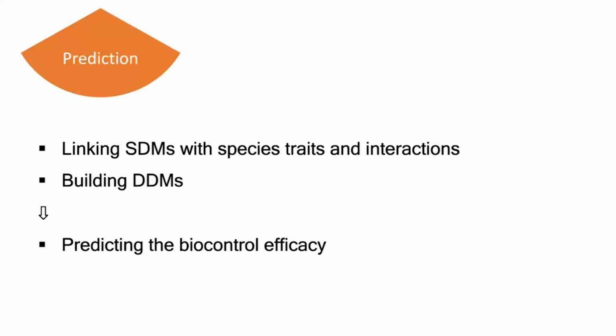Both these models, all these fancy tools, help us link species distribution models with species traits and interactions, and help us build these population density models. Then hopefully, at the end, we can make much better predictions of biological control efficacy.